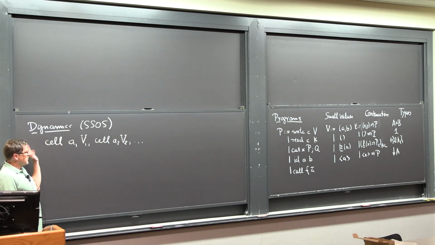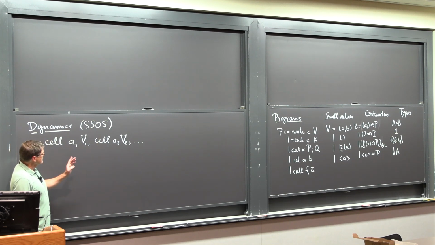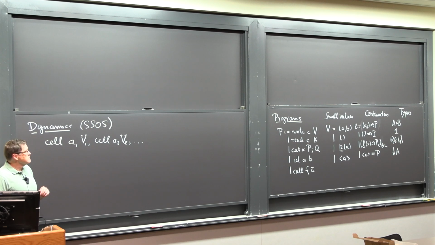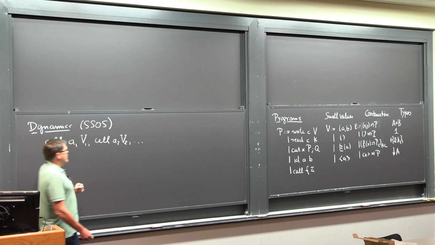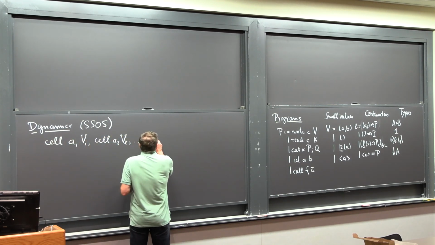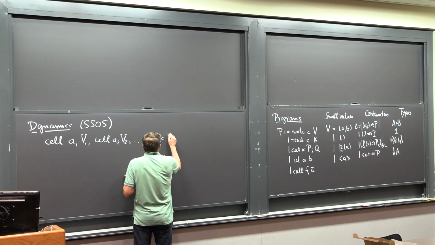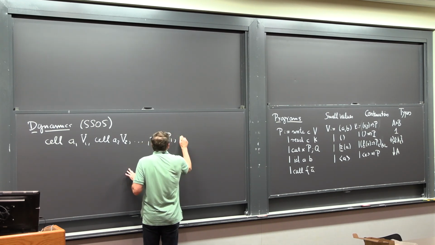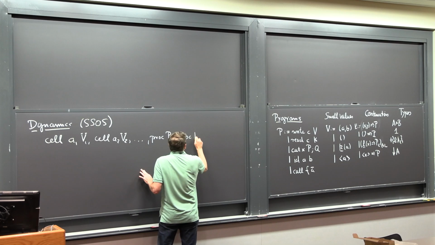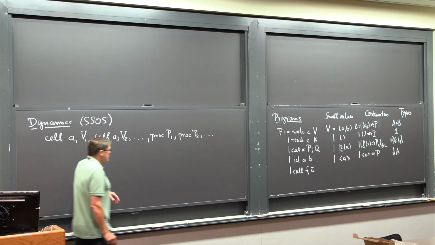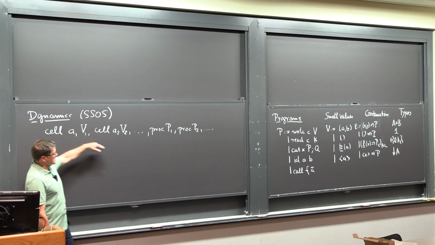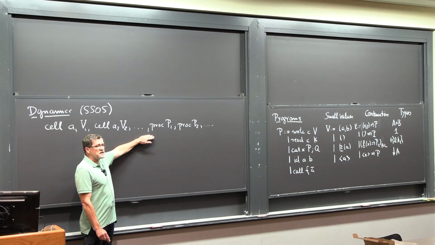And they're part of a multi-set, or actually a set, because these things are all distinct, of what we call semantic objects, which describe the state of the computation. And then we have some processes that are executing. So proc of P1, proc of P2, and so on. So these describe the store, and this describes the processes that are running.